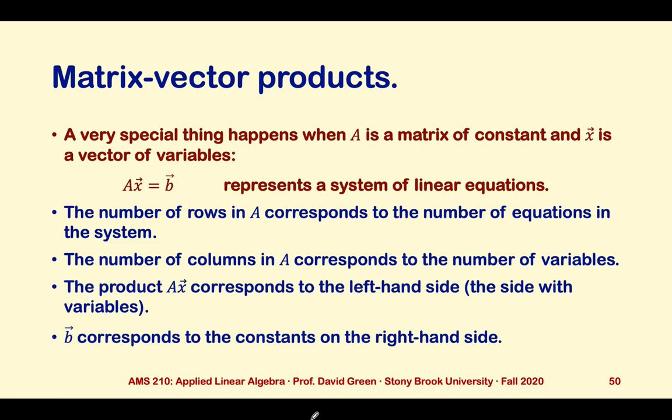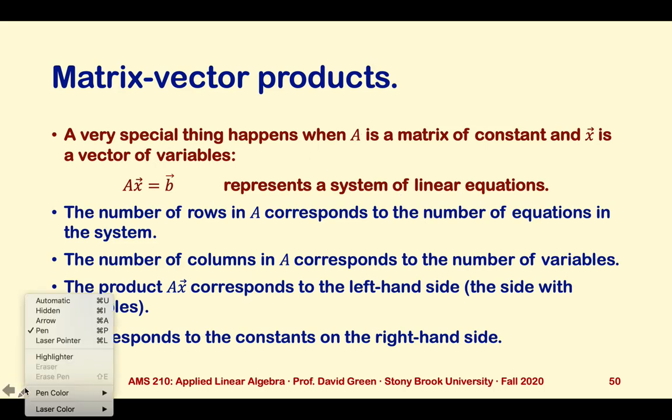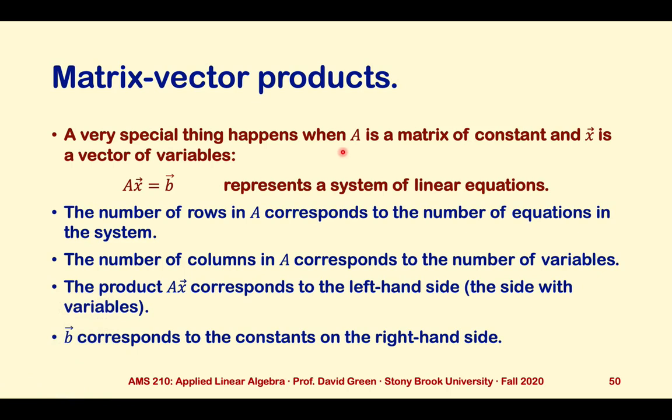Just to go through the key points: when A is a matrix of constants and X is a vector of variables, then AX equals B is a system of equations. I should highlight also that B is typically a vector of constants. The number of rows in A corresponds to the number of equations in the system.